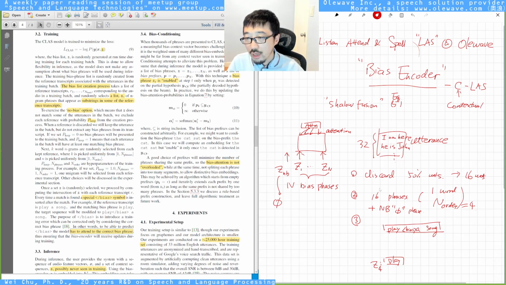If you take a look at the bias encoder right over here, the attention weights have to correctly pull out or emphasize Z4. I think the arrow should be going upward.